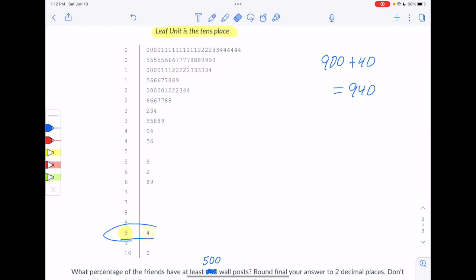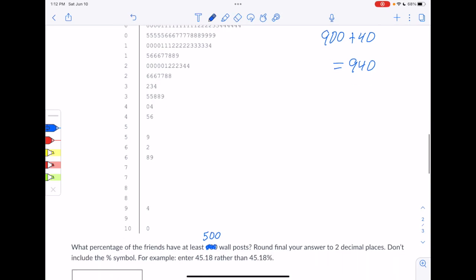All right, so let's go ahead and get rid of this marking here and then go after the problem itself. So we want at least 500 wall posts. So 500 starts right here and goes down to the bottom, because this would be 590, 620, 680, 690, 940, and then 10 hundreds, which is 1,000 plus the 0, so that would be 1,000 wall posts right there.